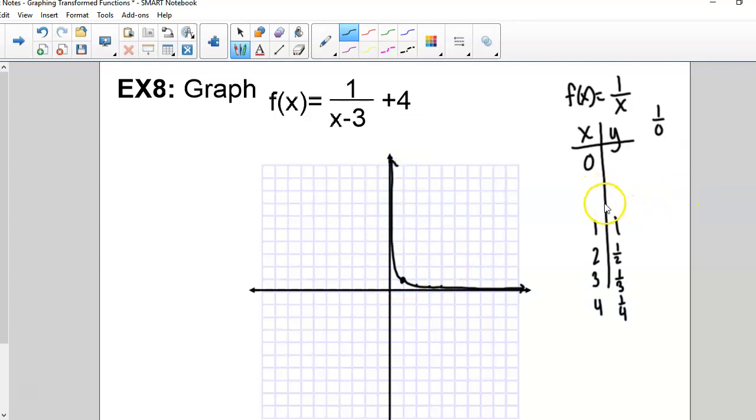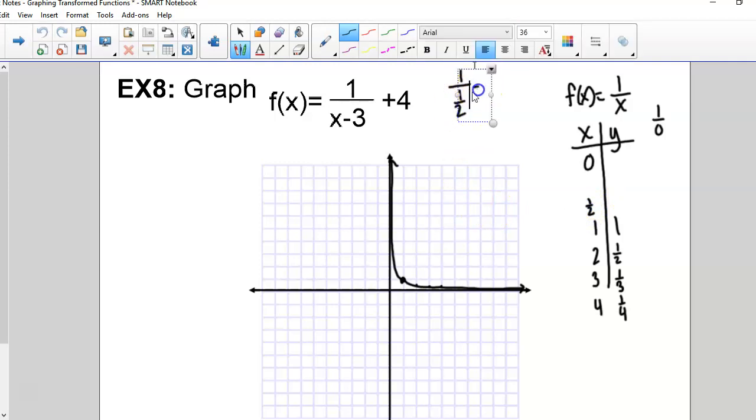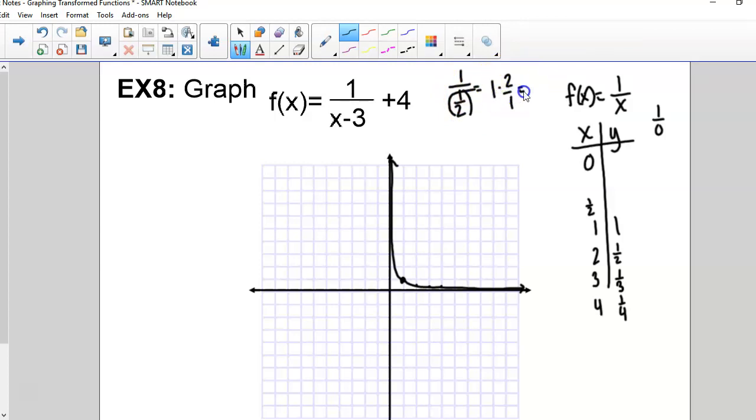Because if I plugged in 1/2, then that would be 1 over 1/2, and dividing fractions is easy as pie. We flip the second and multiply, so 1 times 2 over 1, we have 2. If I had 1/3, I'd get 3. If I had 1/4, I'd get 4. So in this direction, we're going to get closer and closer to the line as well.